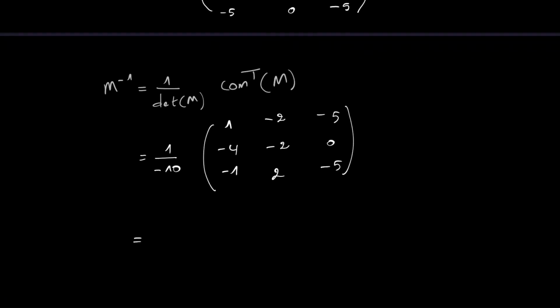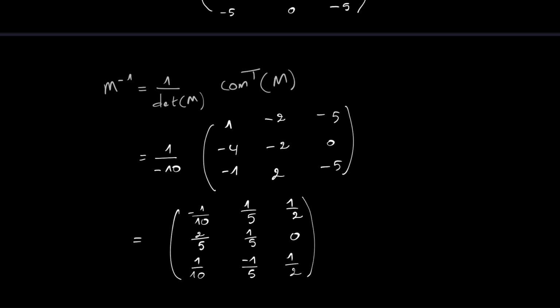Finally, we need to multiply by the scalar and simplify the fractions. And this is our inverse matrix, which verifies M times M power of minus 1 equals M power of minus 1 times M, which is the identity matrix.